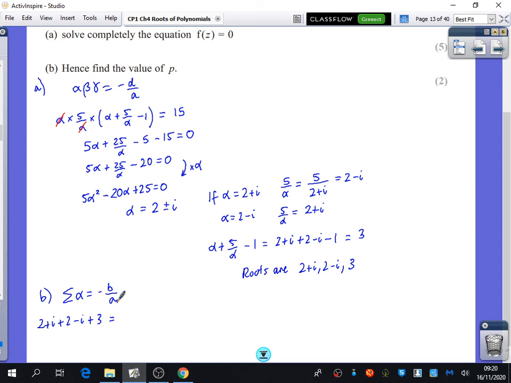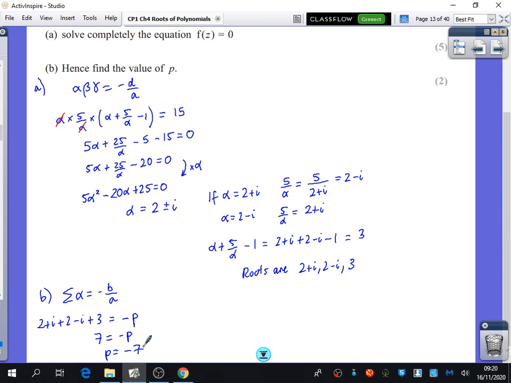And minus B over A is what? Minus P. So then we've got 3, 4, 5, 6, 7. So 7 is minus P, and so P is minus 7.